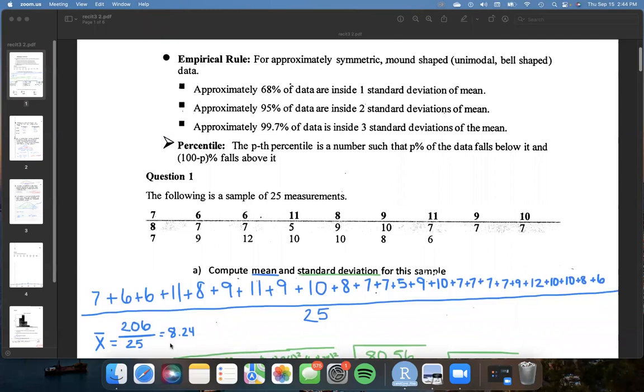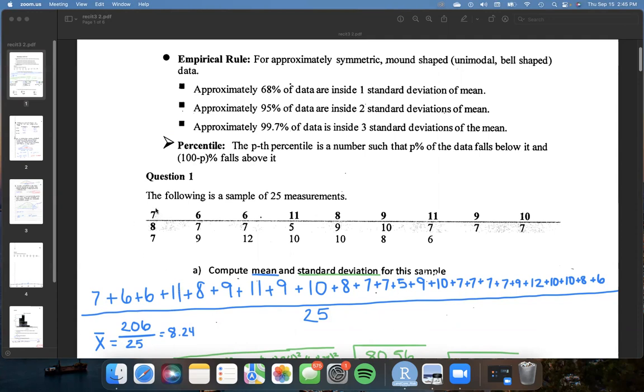All right. So now we have to compute the standard deviation. So how to compute that: we're going to take each data point, subtract it from the mean, and we found that the mean is 8.24. And then we're going to square that, and we're going to add up all of those.